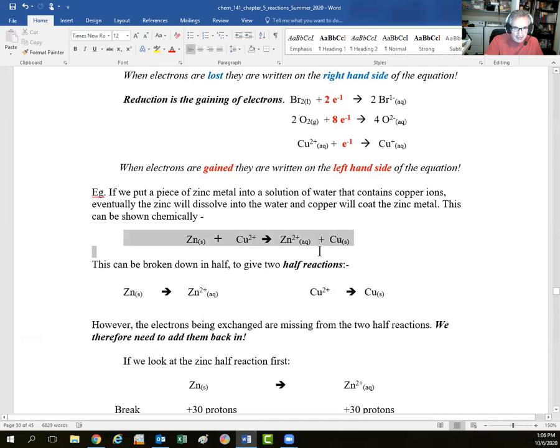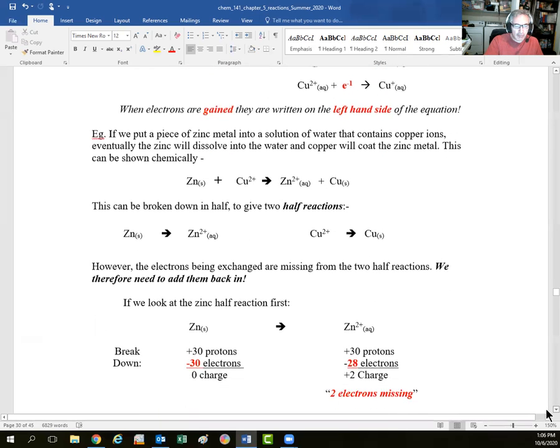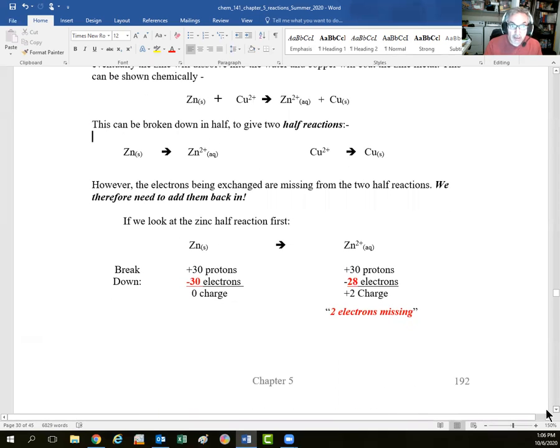Now, if we look at an example, here, the reaction between zinc and copper ions, which produces zinc ions and copper, the reaction is driven by an exchange of electrons, but in the full equation, the electrons don't appear. We can just track those changes in charge to show the movement of the electrons. But that's not easy to see sometimes.